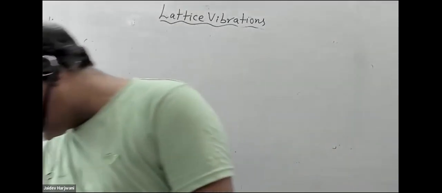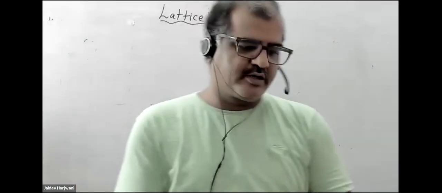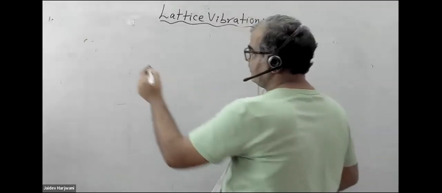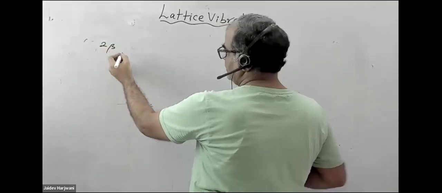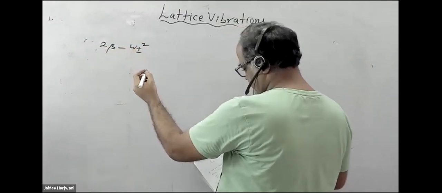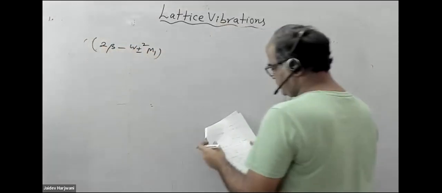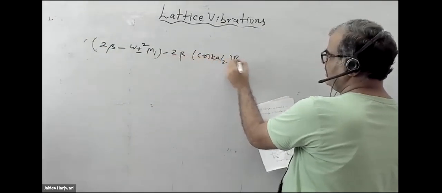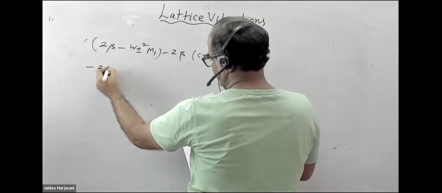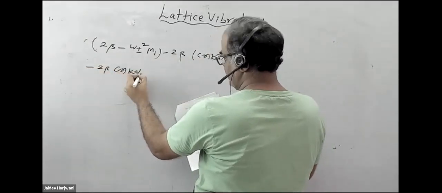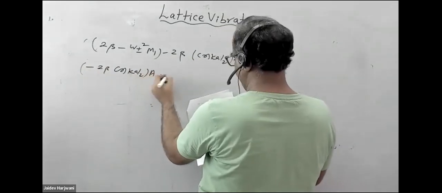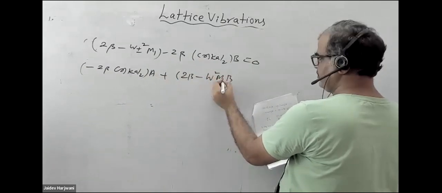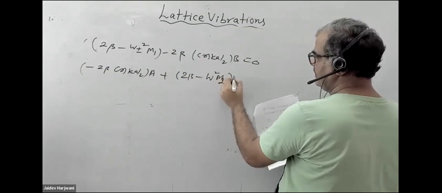Now let me discuss again what happens to this ratio B by A when you are at the boundaries. So we have 2 beta minus omega square m1, I am writing these two equations again: minus 2 beta cos(ka/2) B equals 0, and minus 2 beta cos(ka/2) A plus (2 beta minus omega square m2) B equals 0.